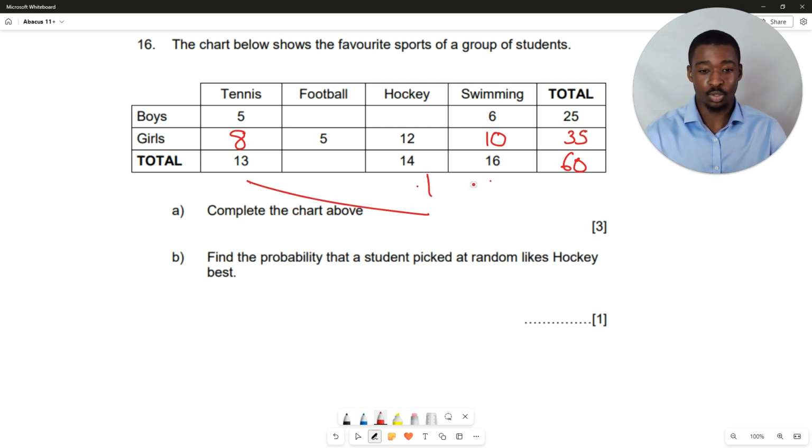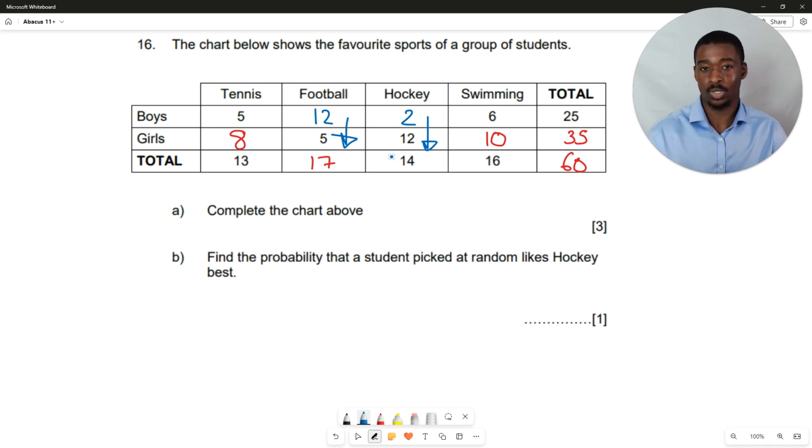So we have these all adding up to 43. So to get to 60, our total, this has to be 17. And this allows us to work out the final few values, because this must be 12 to make this all add up, and this must be 2 to make this all add up. So that means we have now filled the table. So part A is complete.